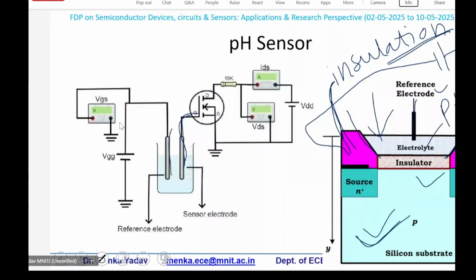So look at this. Here we are going to apply VGG, right? Some drop is seen across this because there is ionic movement, and because of that, if it is not resistive, it can be capacitive. Like we know that Q is equal to CV.